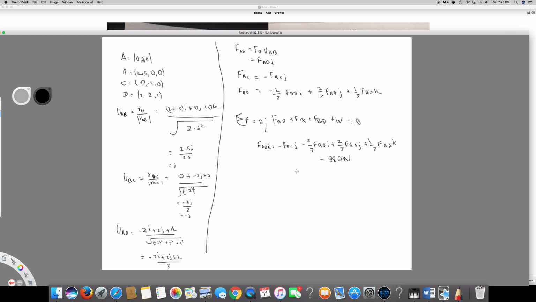Now I have to separate all the i, j, k because i is in the x-axis, j is in the y-axis, k is in the z-axis, so they will never add together. So I have to add i with i, j with j, and k with k. Since we have FABI and minus 2 over 3 FBDI, I'm going to put them together. So it's going to be FABI minus 2 over 3 FBDI.